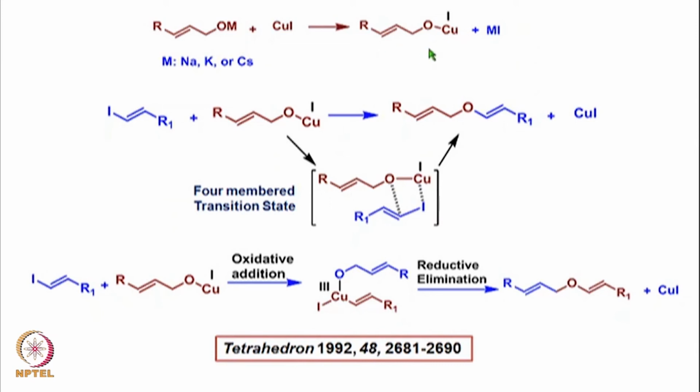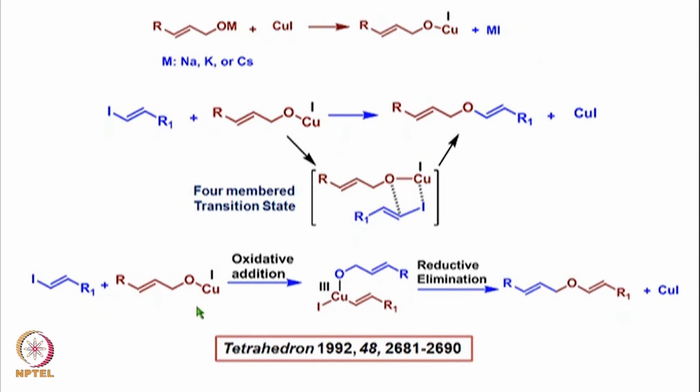Now this copper 1 species reacts with vinyl iodide via this kind of 4-member transition state, in which we form a new oxygen carbon bond, and thus cuprous iodide gets released. And this cuprous iodide then acts as a catalyst to continue the reaction in this particular fashion.